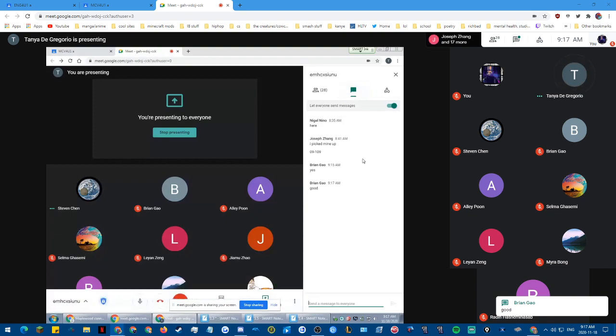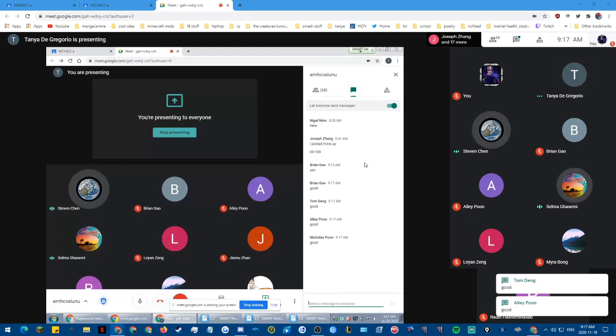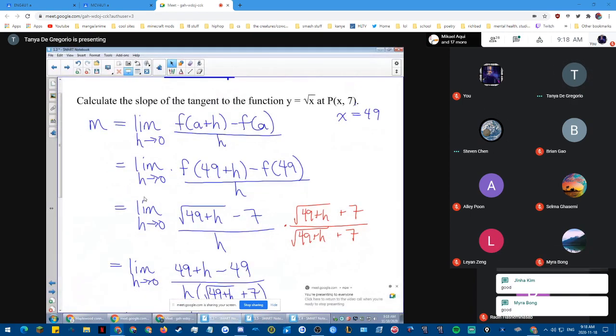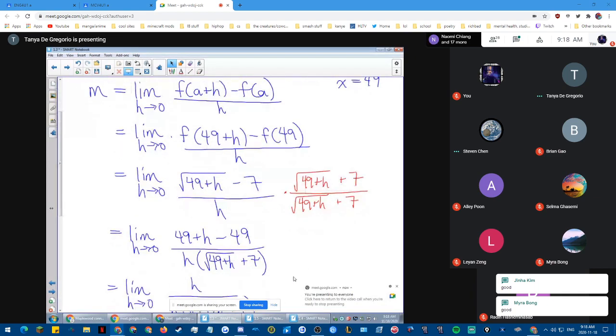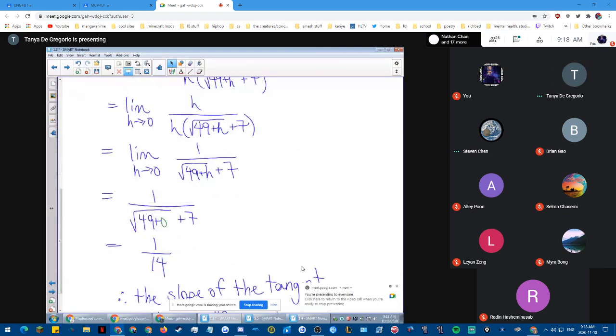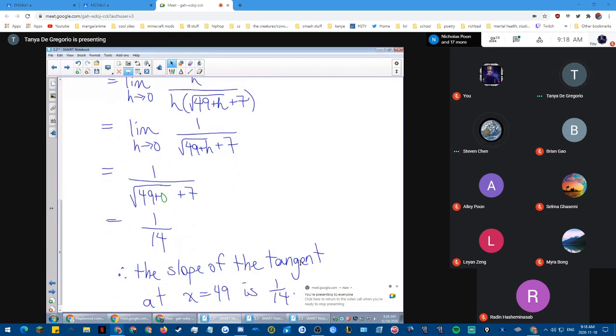Anyone else? Miss, can you show the last page again? Yeah. Oh, hold on. Where do you want me to go? Just the bottom. Bottom? You good? Okay, thank you. Is that good? Yep.